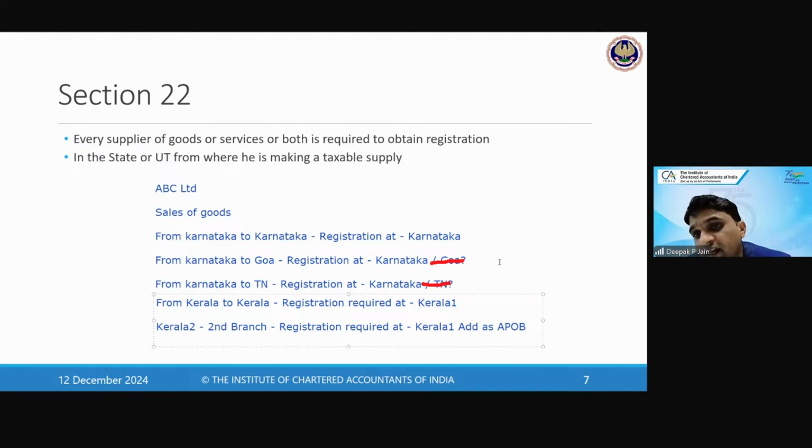But at the choice of the owner, he can have extra as well. Correct. So as per the law, you can have the same registration, but for Kerala 2, clear?